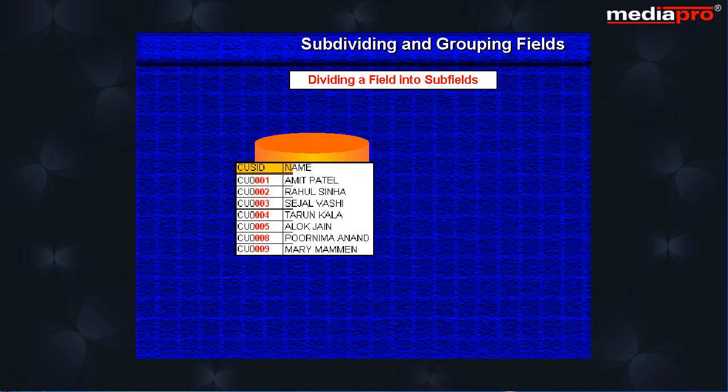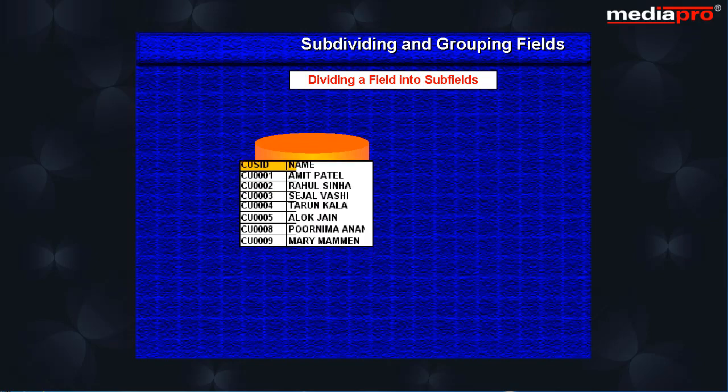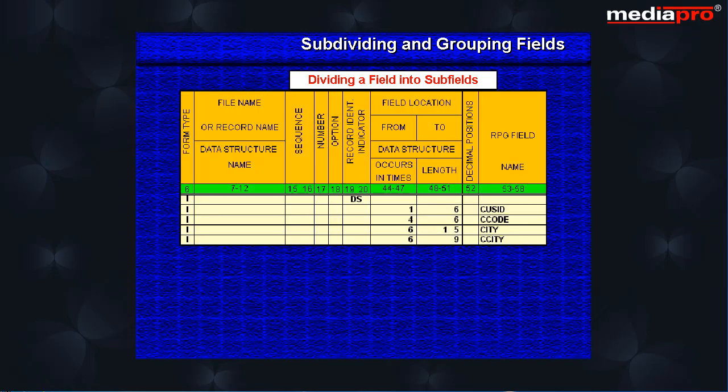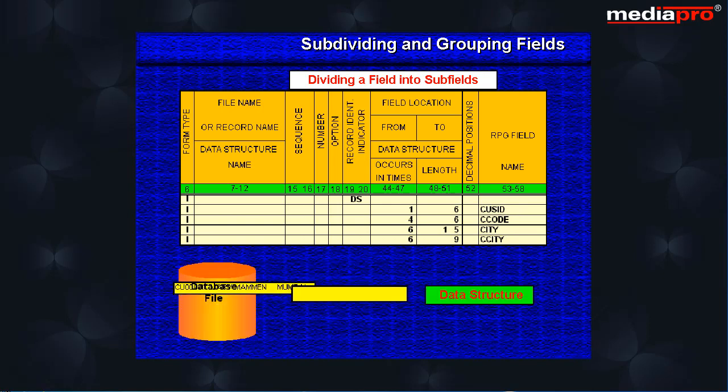Our program requires the last 3 characters of the customer code and the first 3 characters of the city field. We can create a data structure through which we can access these fields. The customer ID and city fields are identical to the fields in the input record. Each time a record is read from the input file, the values will be stored in the data structure.